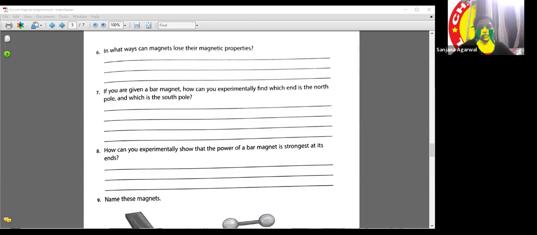Apart from the needle, without the needle also it will rest in the north-south direction only.